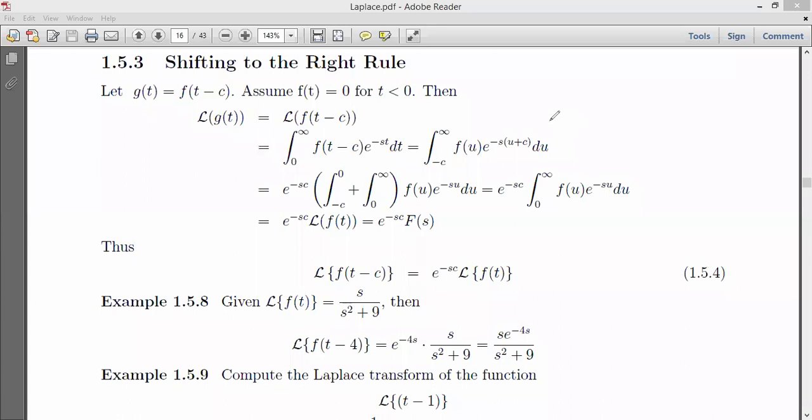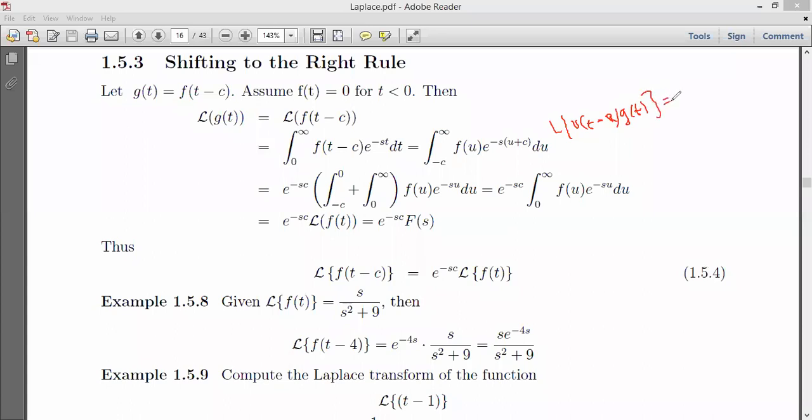If you have L of U of t minus a, we had our t, the t minus a, and this is g of t. We had something like this.